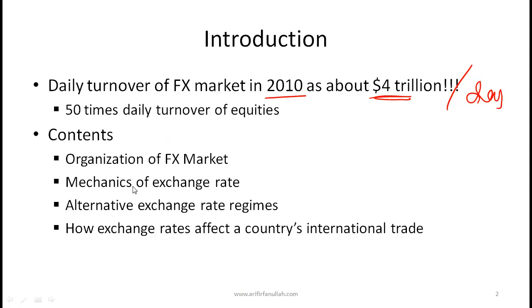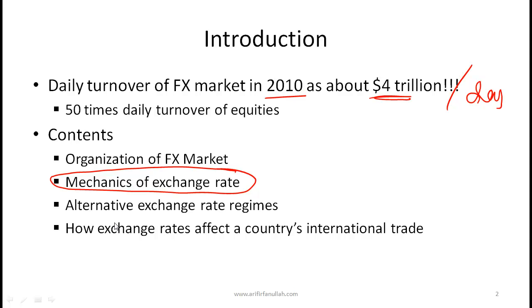So in today's lecture, we will get an overview of the organization of the FX market, and then the meat of this reading, where most of the learning objectives come from, is the segment on the mechanics of exchange rates. Then a little word on alternative exchange rate regimes. You might have heard of regimes which are completely open, free float, such as the dollar-euro exchange rate, which floats with the market, versus at the other extreme you have certain countries that don't even have a currency of their own.